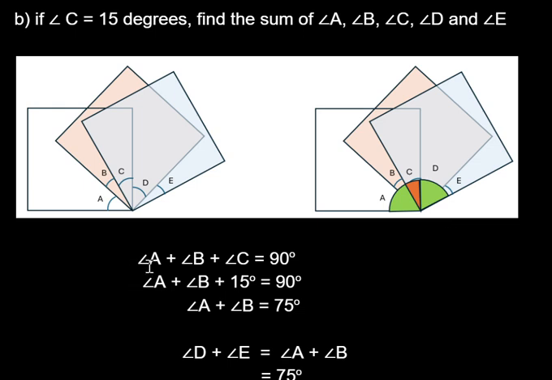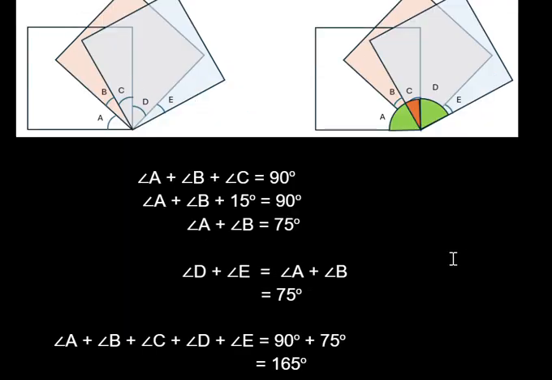So angle A plus angle B plus angle C is equal to 90 degrees, and C is replaced with 15 degrees. We can now know that angle A plus angle B is 75. So if angle A plus angle B is 75, angle D and angle E is also 75.